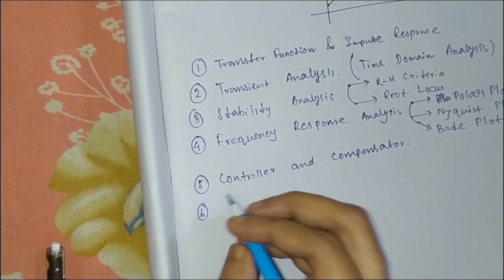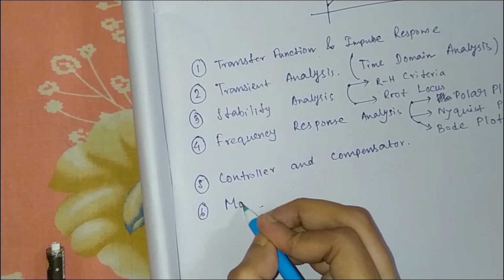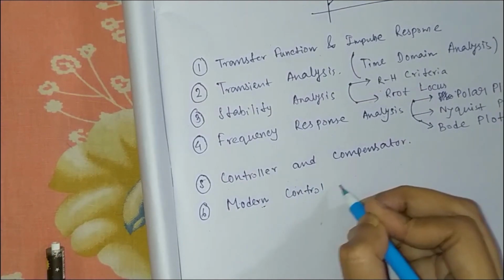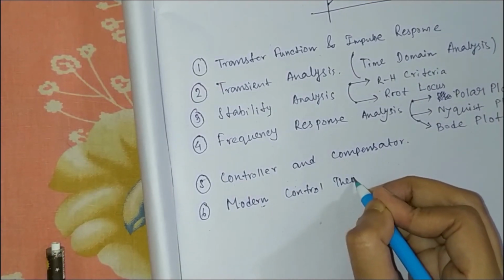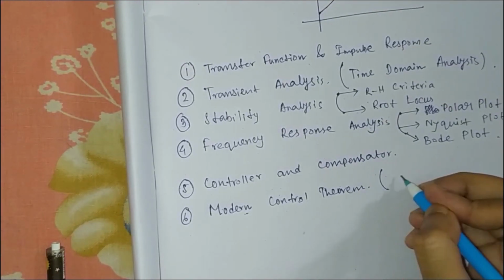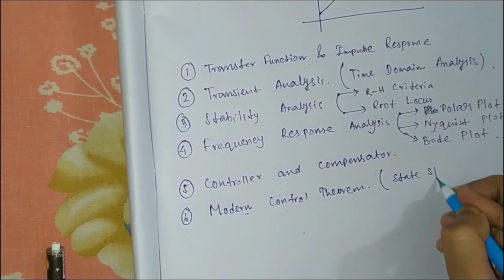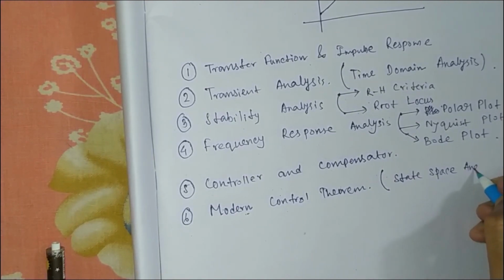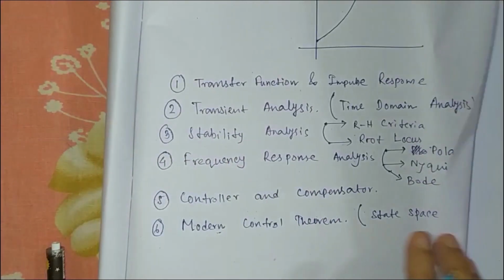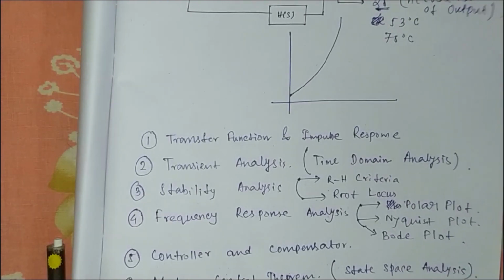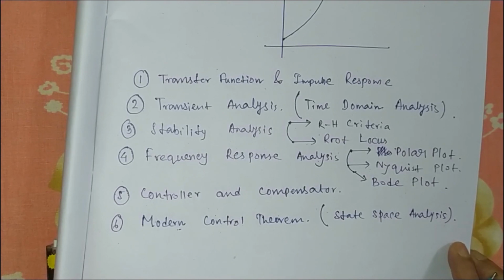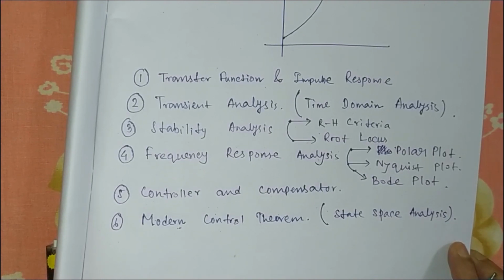And the sixth and the last topic is our modern control theory, or the state space analysis. Okay, so these six are the topics which we have to cover for any competitive exam for your control system subject.